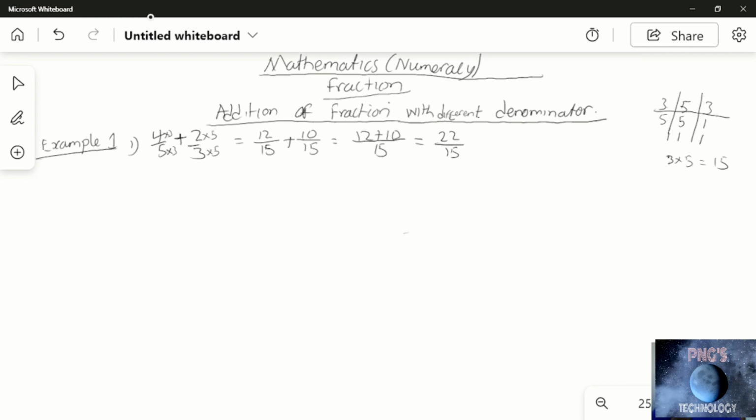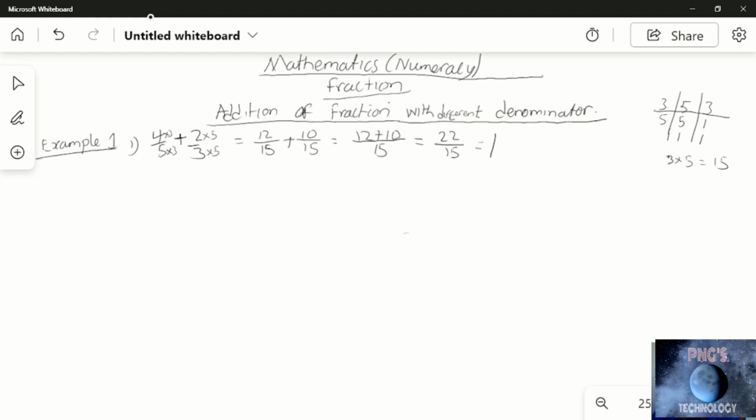So 22 all over 15 is an improper fraction, so we need to make it look better. We are going to use 15 to divide 22. 22 divided by 15 will go one time because the second multiple of 15 is 30, and 22 is not up to 30. So from 15 to 22, what's the distance?